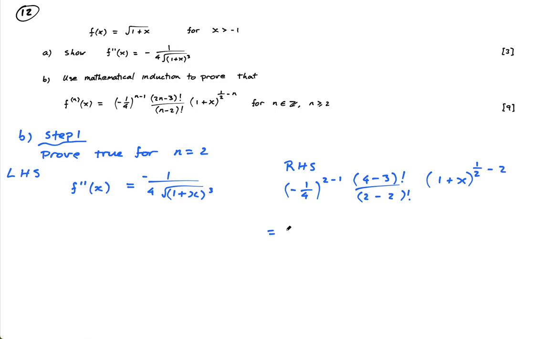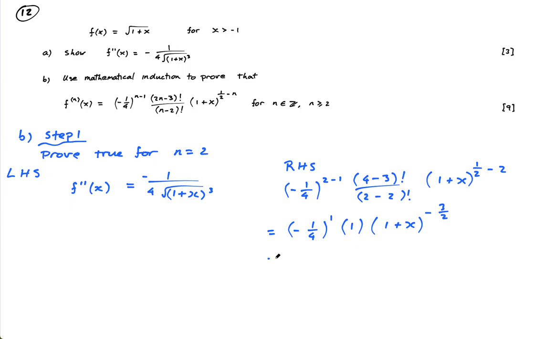And this is equal to minus a quarter to the power of 1. This is 1 factorial and this is 0 factorial. 1 factorial is 1 and 0 factorial is 1, so that just disappears. And this is going to be times 1 times 1 plus x to the power of minus 3 over 2.